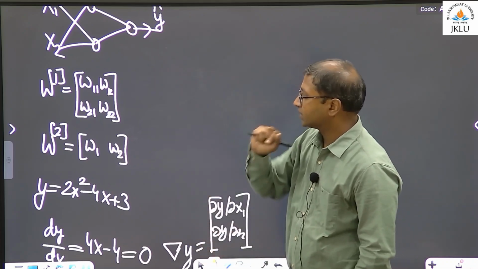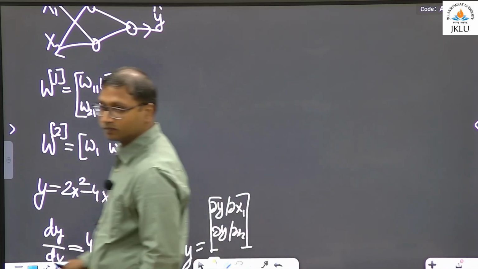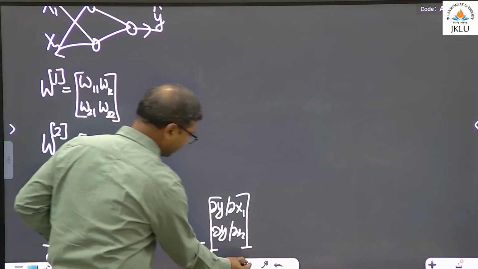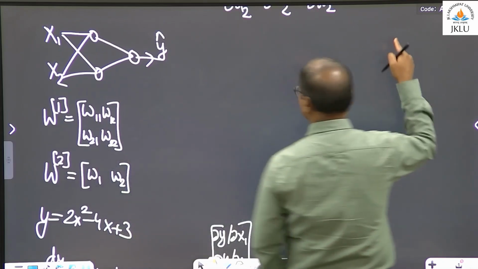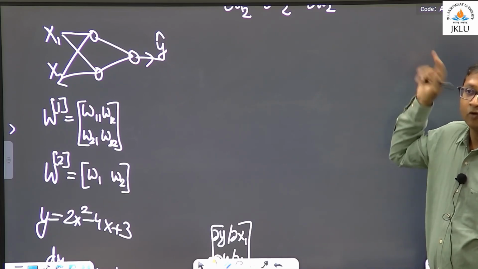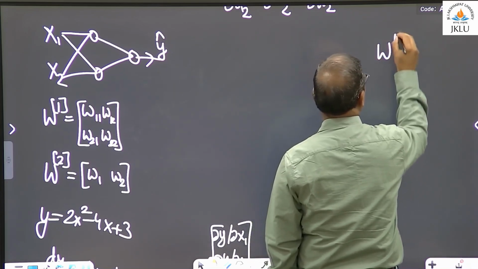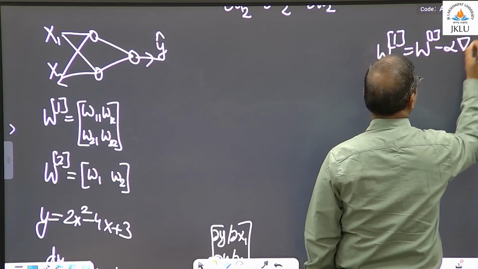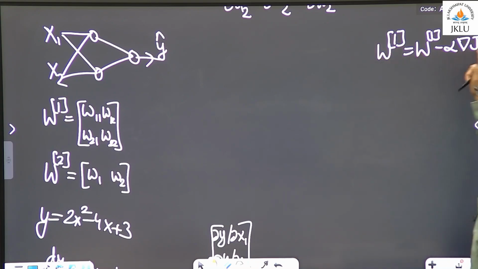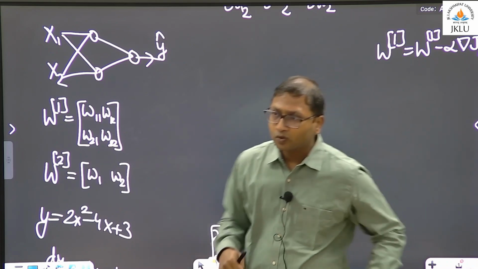Now coming back to this, give me backpropagation for this. If you remember, I had written it in this way. While writing the update, how will you write? You will write something like W1 equal to W1 minus alpha grad J, and this is for just matrix W1, and so on.